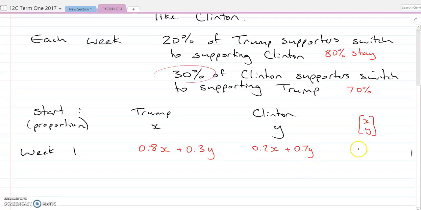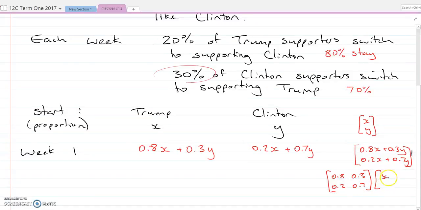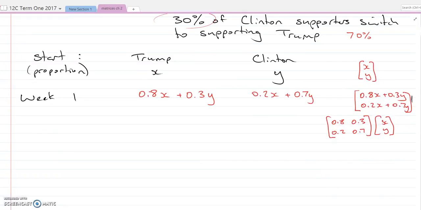So what she has at the end of this week, if we put it into a little matrix, is 0.8X plus 0.3Y and 0.2X plus 0.7Y, which hopefully you see we can actually write as a multiplication of matrices times X, Y.